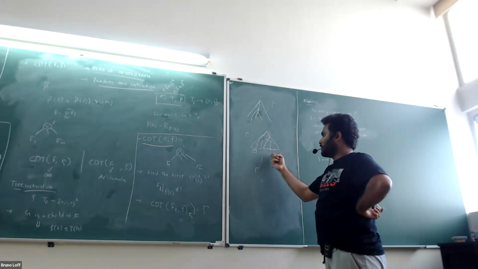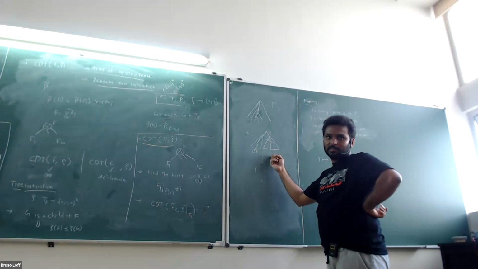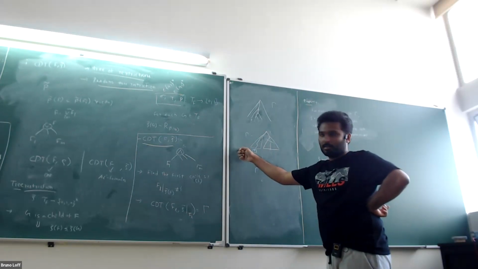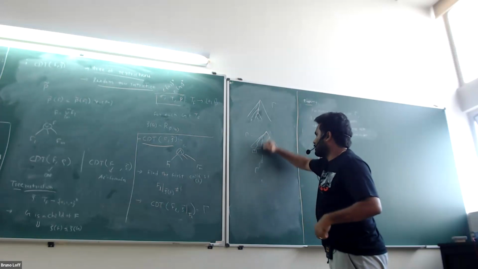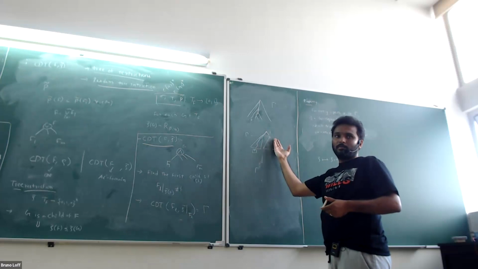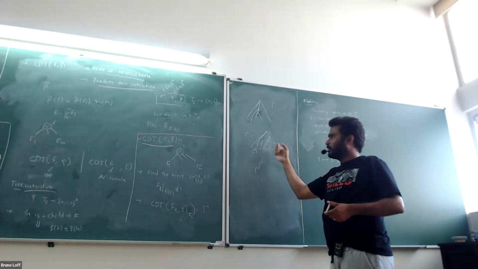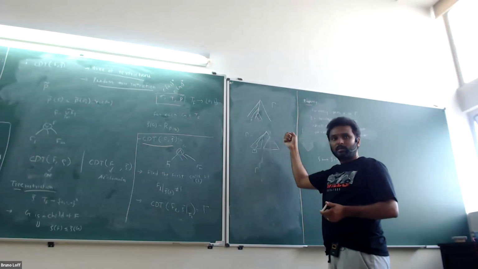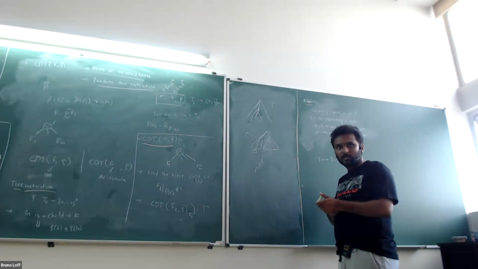One of them has this guy you're interested in. The other one has a 0 path. You just completely chop this off, and then you copy this tree here. Since this is a decision tree, all of them should be labeled by one, of course.